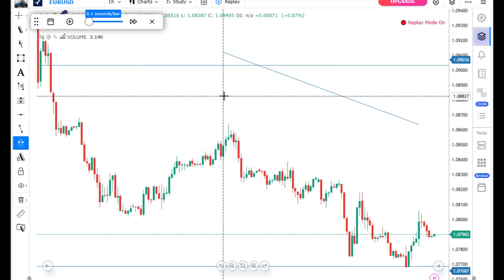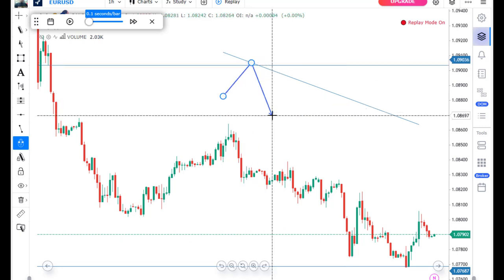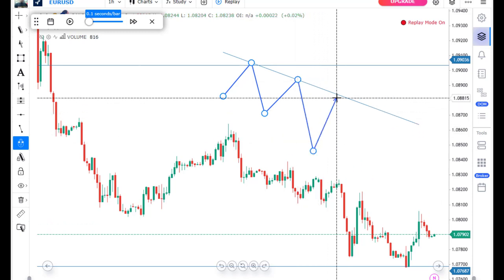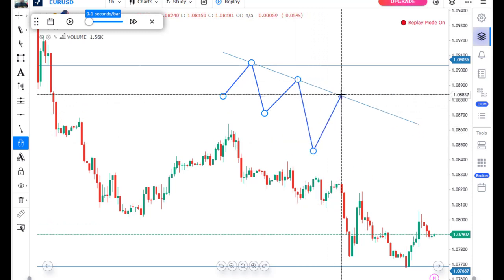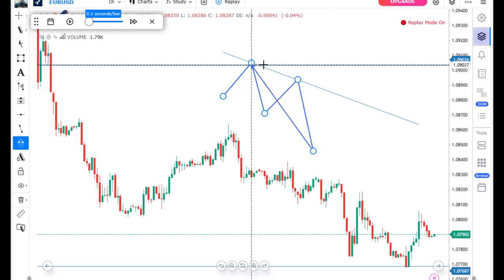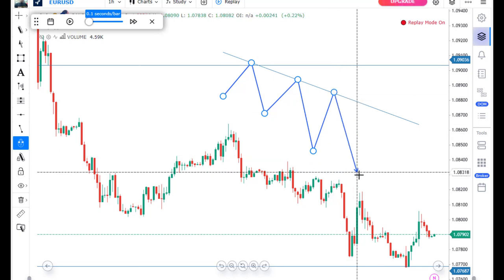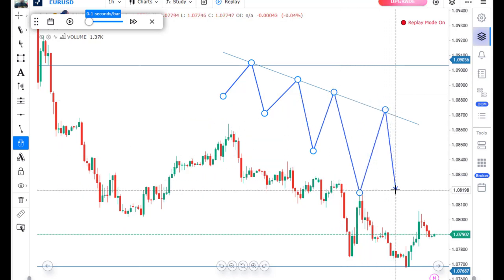Once price rejects at a trendline once, and rejects twice, and then comes back the third time, it becomes a trade opportunity, because price has rejected once and twice. This zone now becomes a dynamic resistance. So from here we start looking for sales. Price comes, we look for sales until the trendline breaks out.